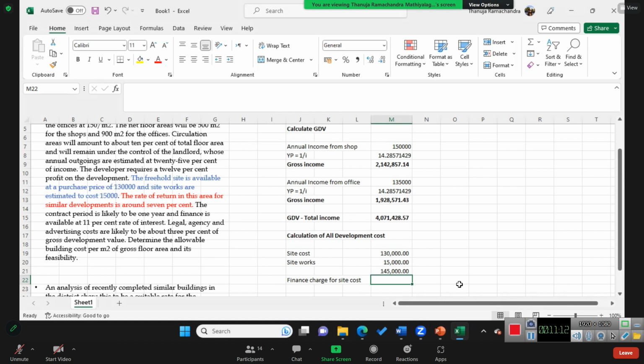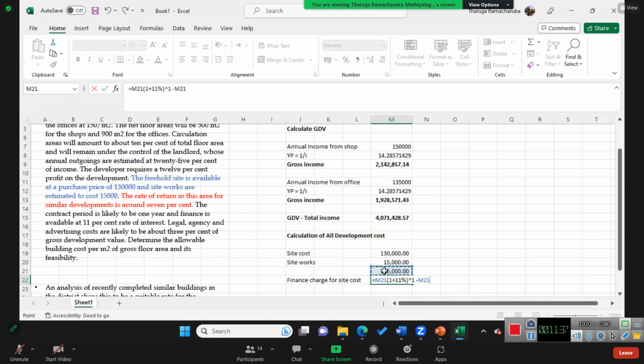Okay. This is the total amount into 1 plus I, which is 11%, to the power 1 here, right?